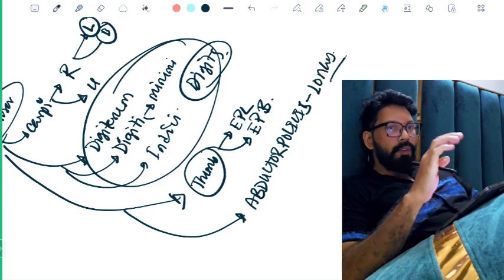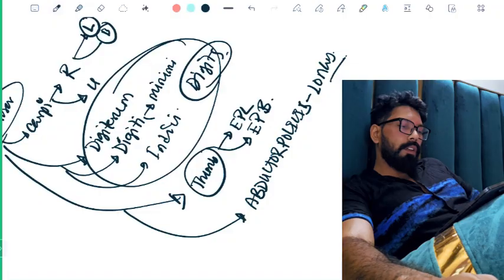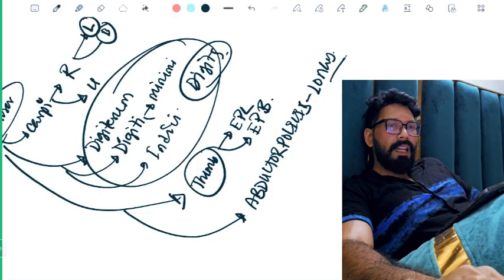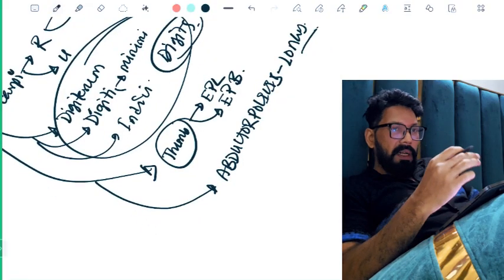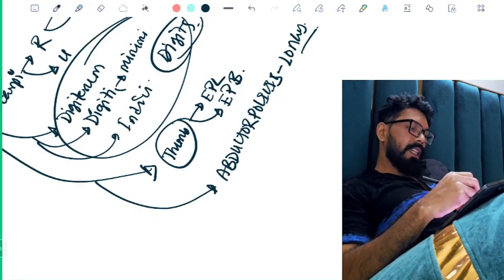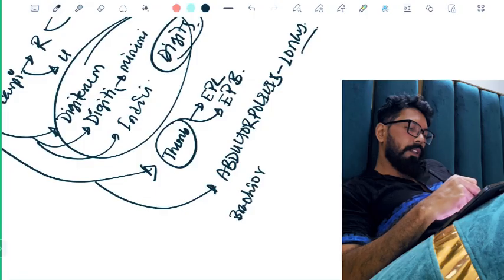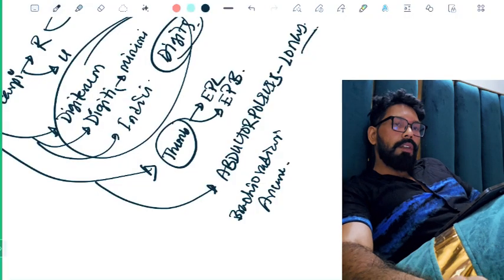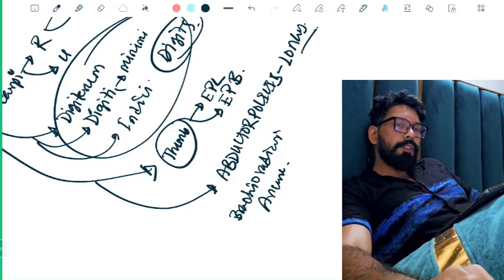So these are the only important muscles. Others like anconeus, of course we have brachioradialis, but you don't really need that. They don't ask any question from those, brachioradialis and anconeus, not needed at all. So you can just forget it.